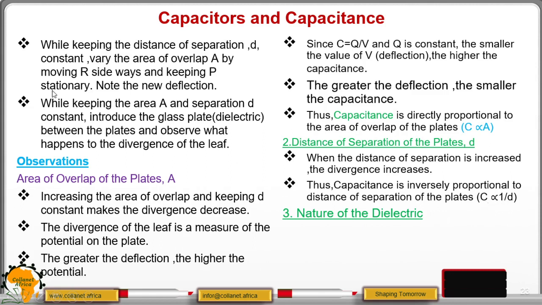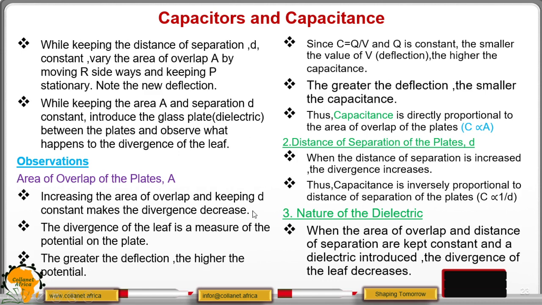Then after that, our last procedure, we are supposed to introduce a glass plate as our dielectric. And by so doing, it was observed that when the area of overlap and the distance of separation are kept constant and the dielectric is introduced, the divergence of the leaf decreases, which implies that the nature of dielectric also affects the capacitance of a capacitor.